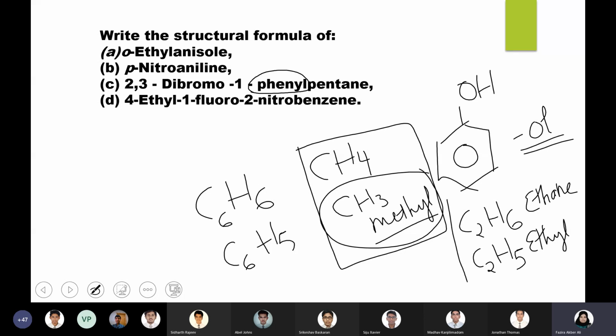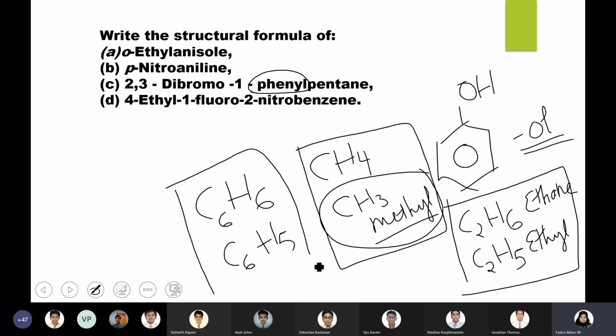In the same manner, the simplest aromatic compound, benzene, can also be part of a branch. It's not compulsory that all the time you need to number the benzene ring. When it comes as a branch, again we write one hydrogen less, with the formula C6H5.